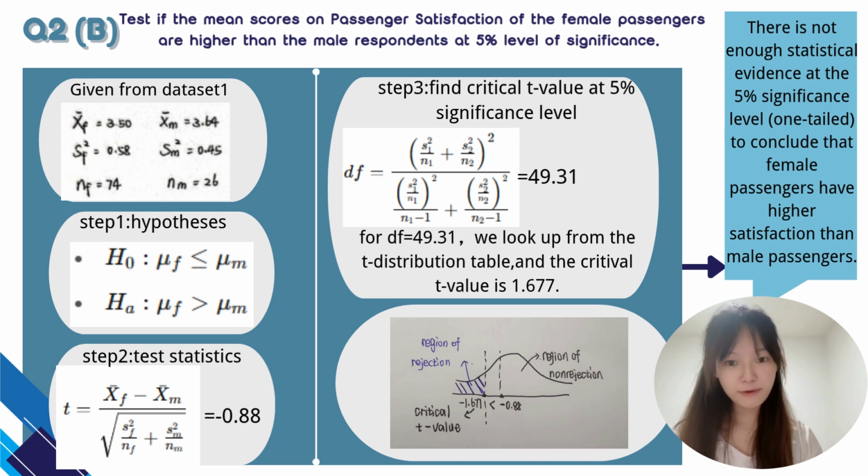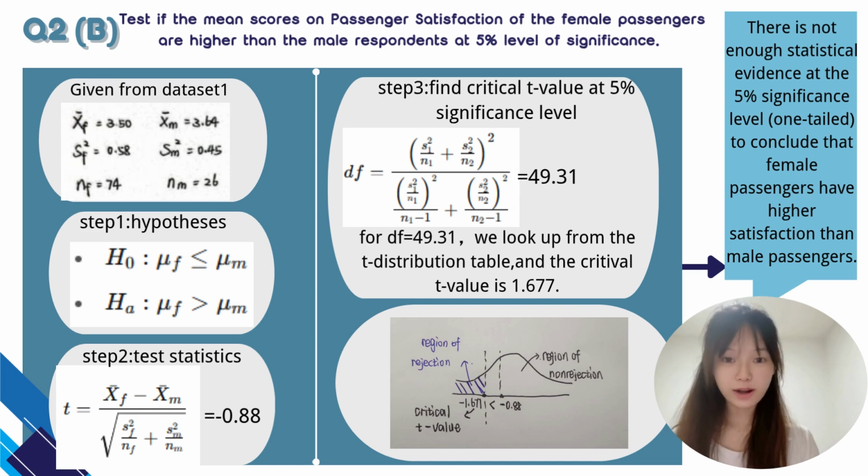The variance of female passenger satisfaction is 0.58 and the males' is 0.45. The sample size of female is 74 and the sample size of male is 26.